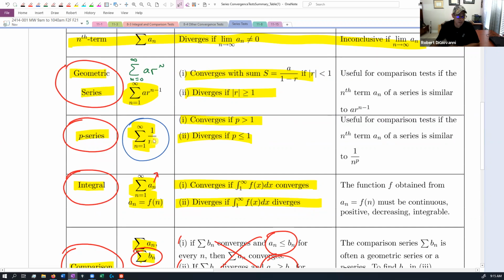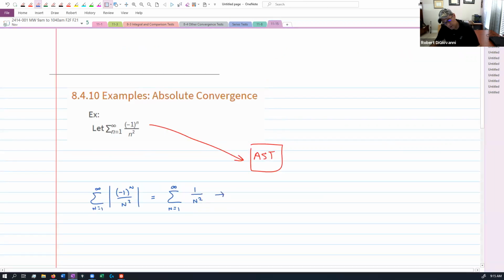Here for us, P is 2, right? And if P is greater than 1, it converges. So I know right now that this is a P series with P being 2, which is greater than 1, which means we have convergence, right?